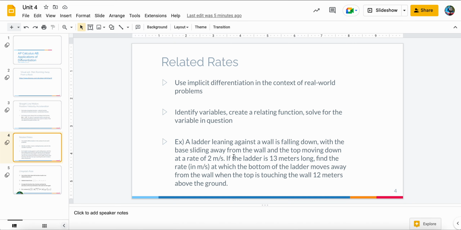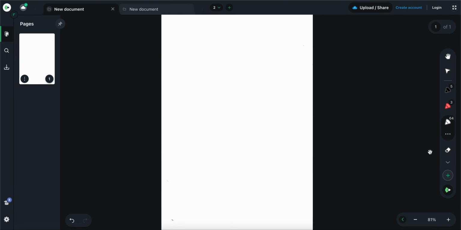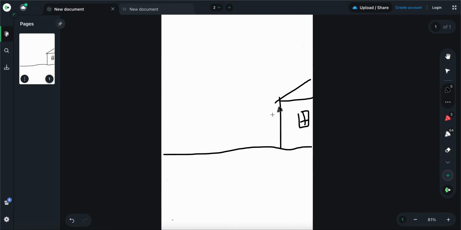So first we're just going to draw a picture of the problem. So we have a wall. I'm going to assume it's a house, so I'll draw a little house. Just so we know what we're looking at, our ladder is sliding down along the ground. Let's draw the ground. This is our ladder, this line here.